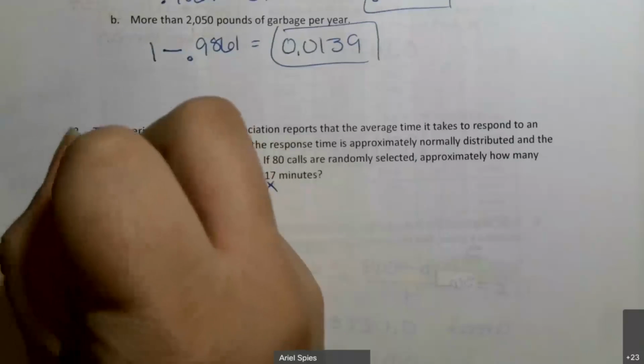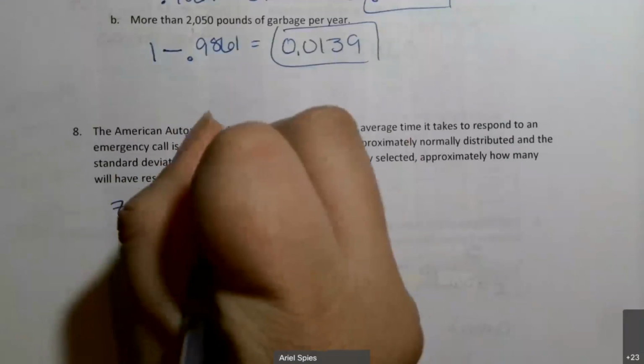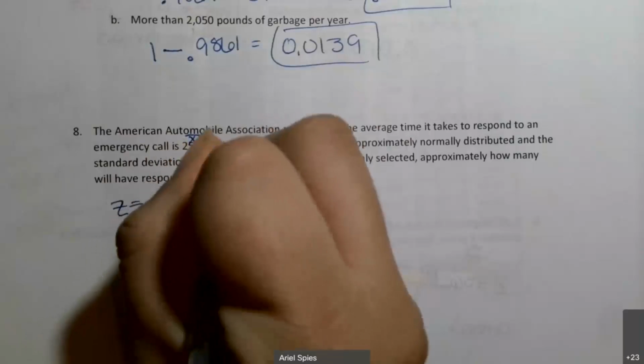So first thing I want to do is find that z-score. So I am going to plug into the formula. I have 17 minus 25 divided by 4.5.